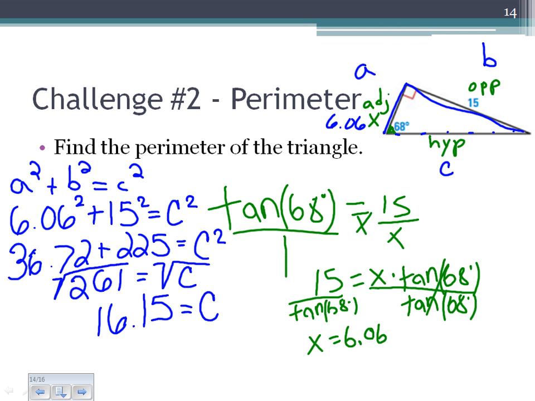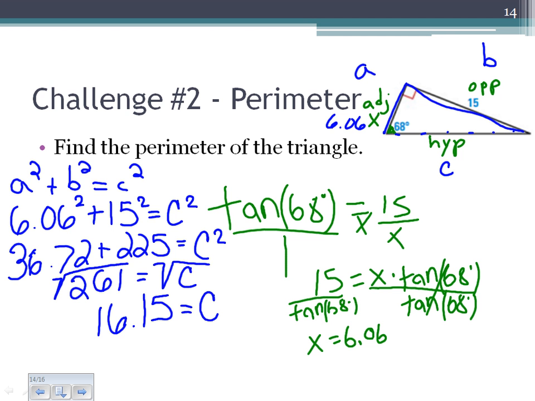Right? It depends on, did you plug in a 6.1 instead of 6.06? Depends on what you plugged in for your X value. Those are very, very close, right? What did you get again? 16.17 versus 16.15. They're only 200ths different.